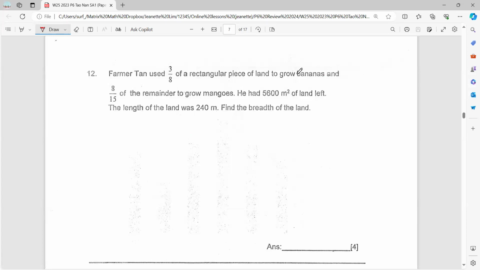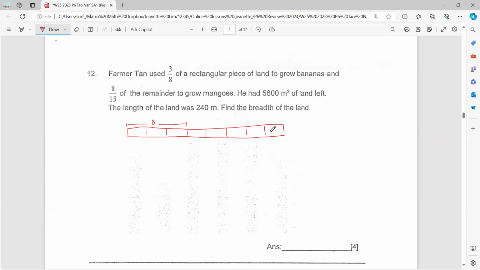So again, this question says of the remainder. So let's draw a model. The first model we'll be drawing will have 8 units. Okay, let's draw a long one. Three units for bananas.